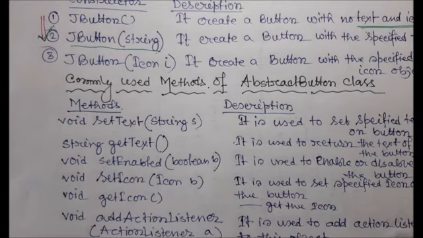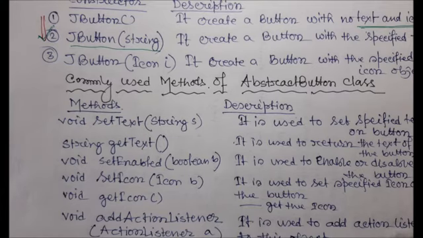When we create a button, our main purpose is that if I click that button, then something will happen. So we use the addActionListener method, passing an ActionListener object as the argument. This is very important, because it is used to add the action listener to this object.